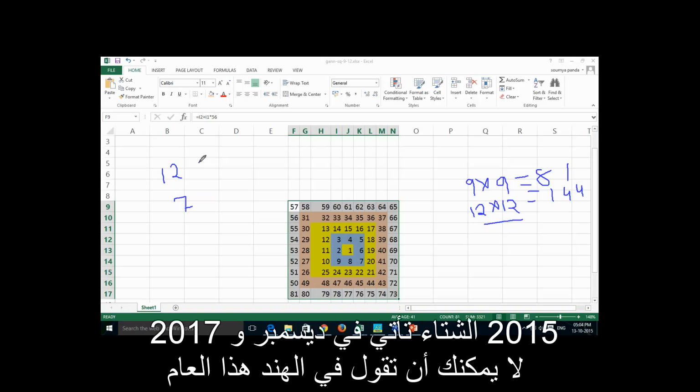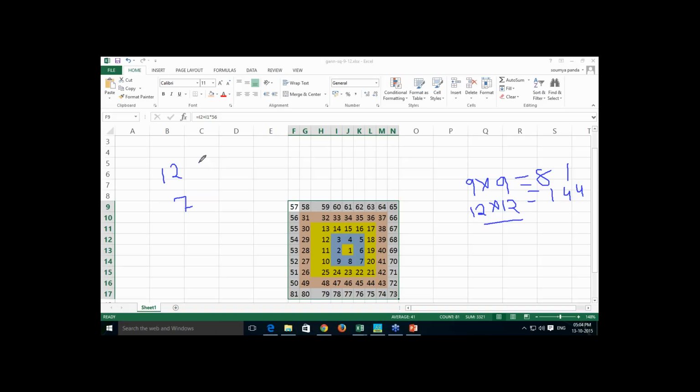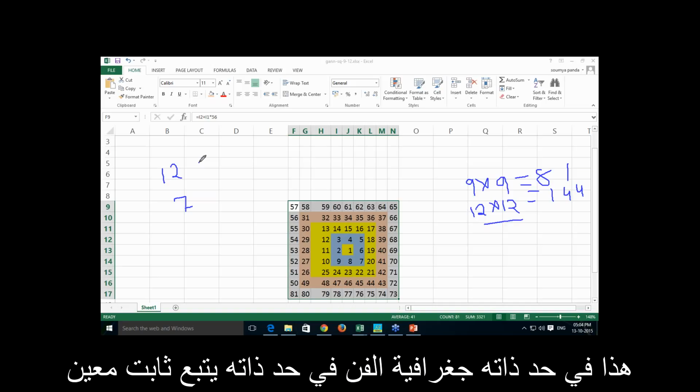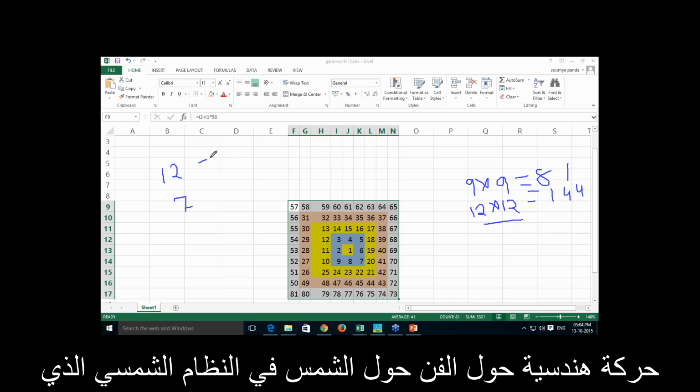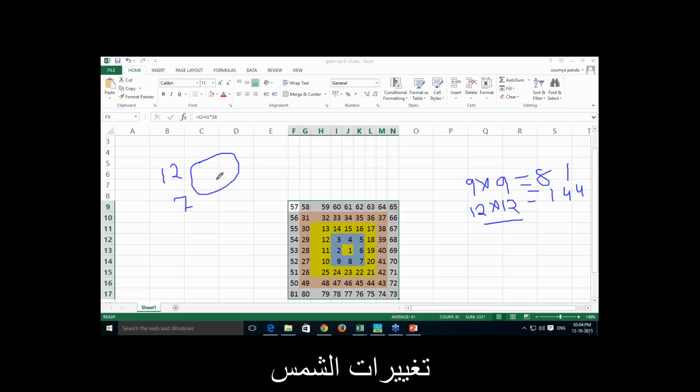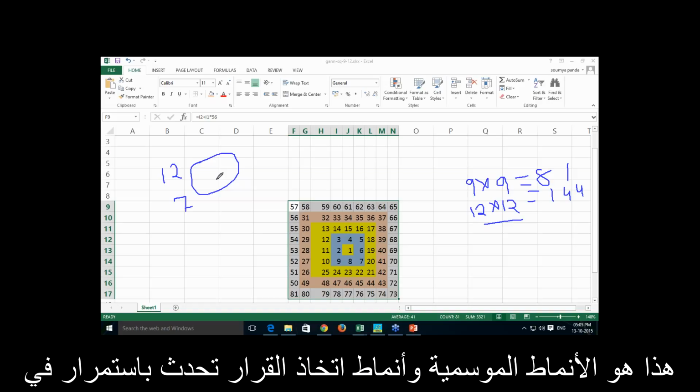You cannot say that in India in 2015 winter will come in December and in 2017 winter will come in the month of May. So the earth itself follows a particular constant geometrical movement around the sun, the solar system, which is elliptical in nature. This geometry of the elliptical journey of the earth around the sun changes these seasonal patterns, and these seasonal patterns constantly occur in a particular month.